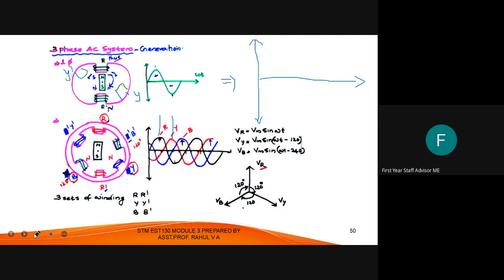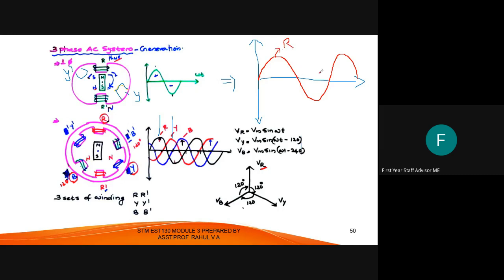Then we can draw the AC voltage like this. This is the voltage corresponding to the R winding, because I am taking the R winding as the reference.